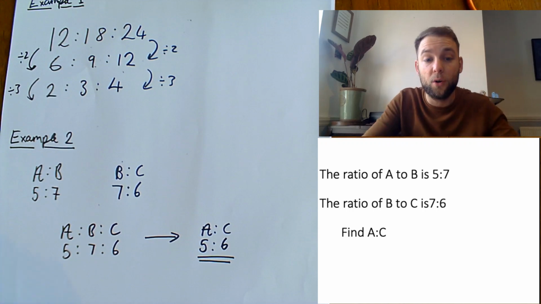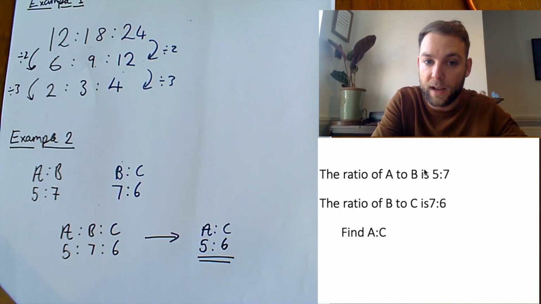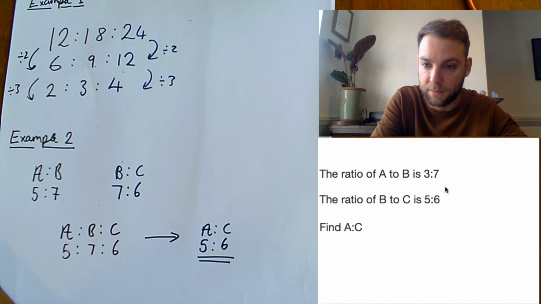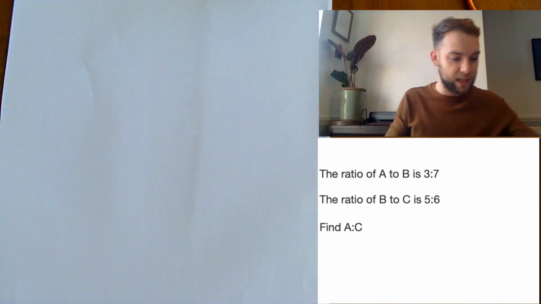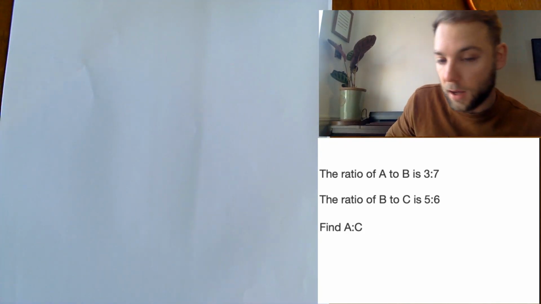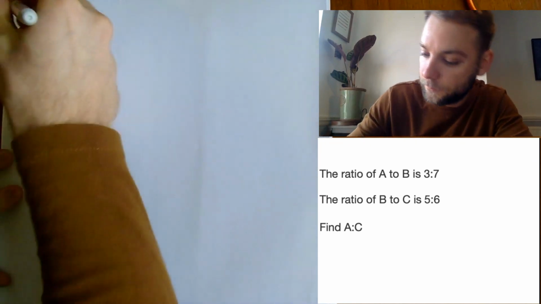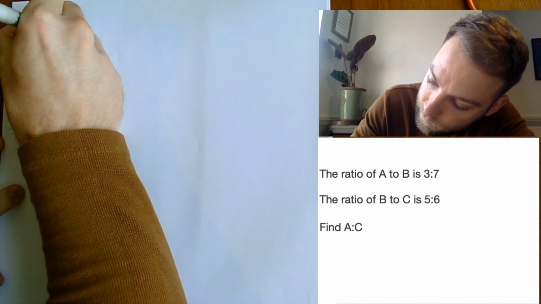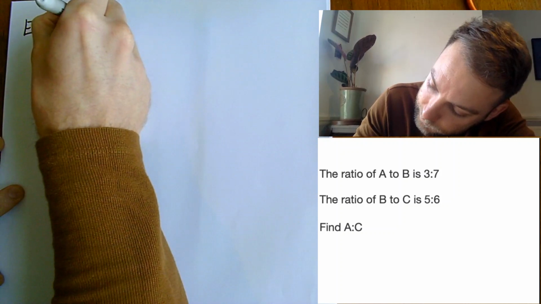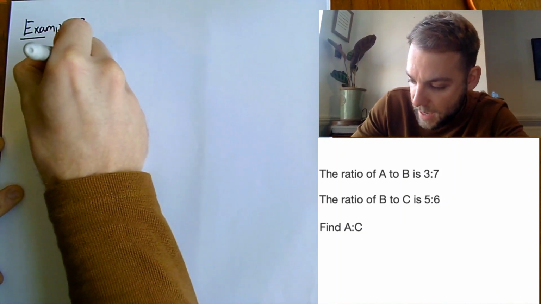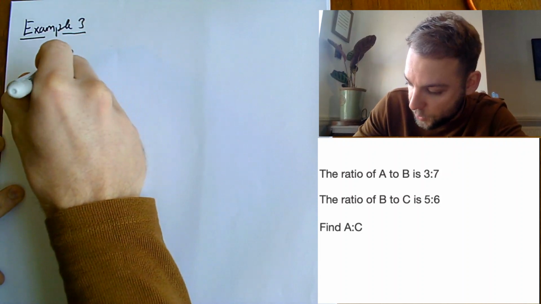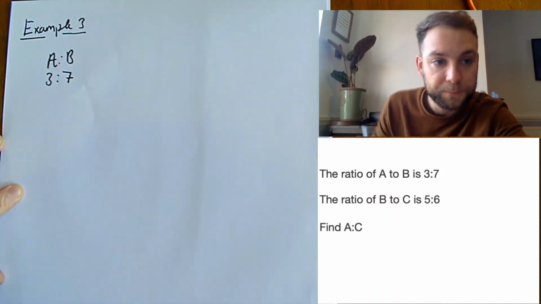Now obviously they're not always as straightforward as that because we don't always have this be the same. So let's have a look at this next one here. This one here is example 3. The ratio of A to B is equal to 3 to 7.